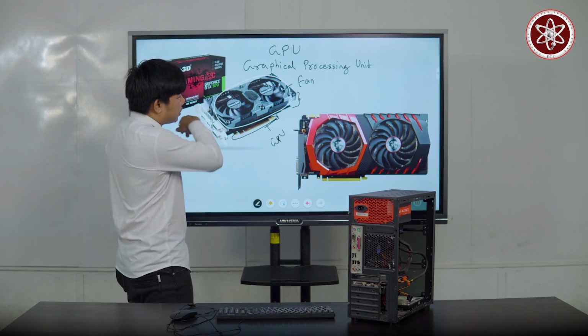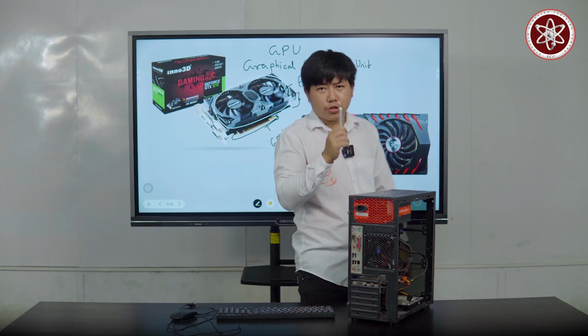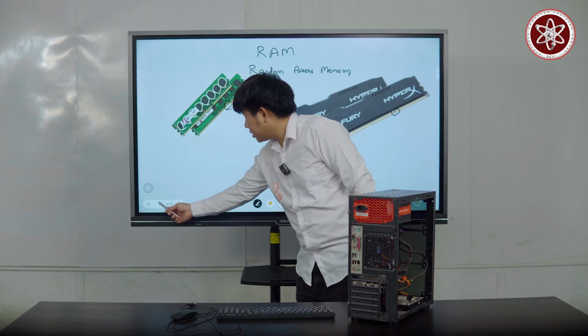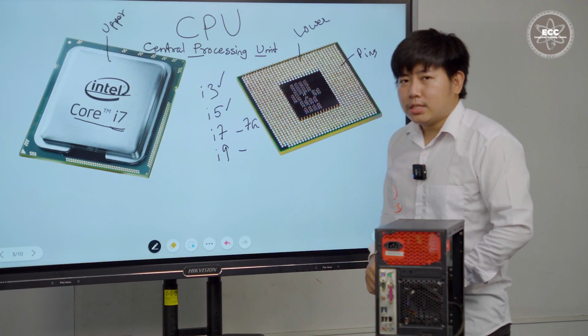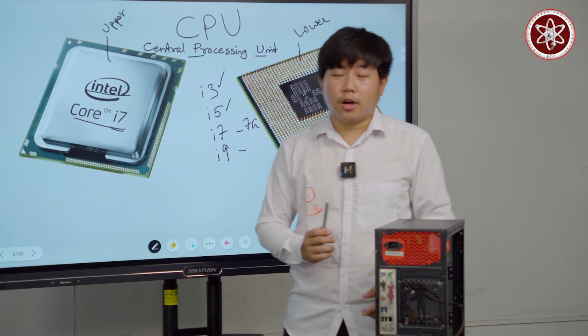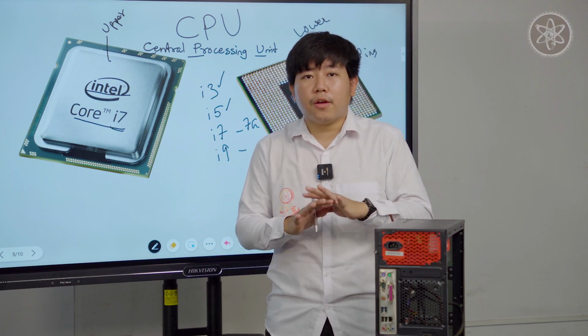Both are GPUs from different brands and companies. So let's go back to the CPU again. What does the CPU do? The CPU is actually the brain of a computer, and it processes everything we do.